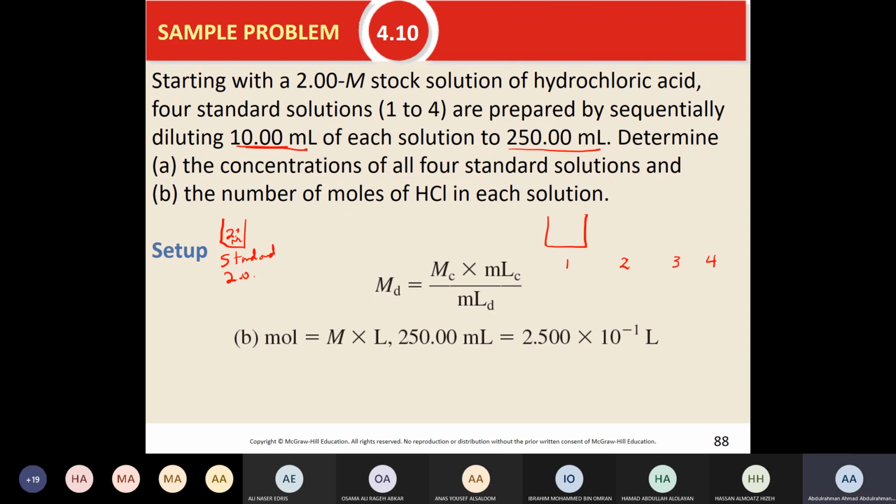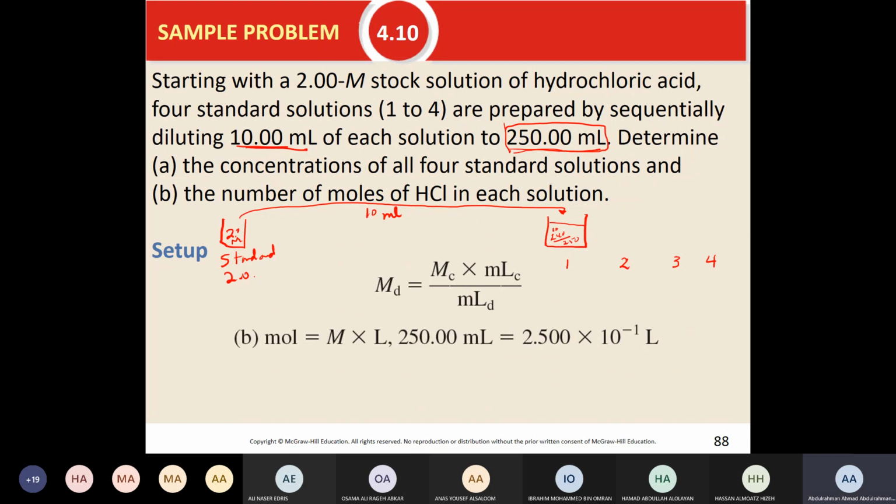I took 10 milliliter, put it here, and then what did I do? What did I add? You should add how? 240. Exactly, you add 240 to it to make it 250. So you have 10 plus 240 to make 250.